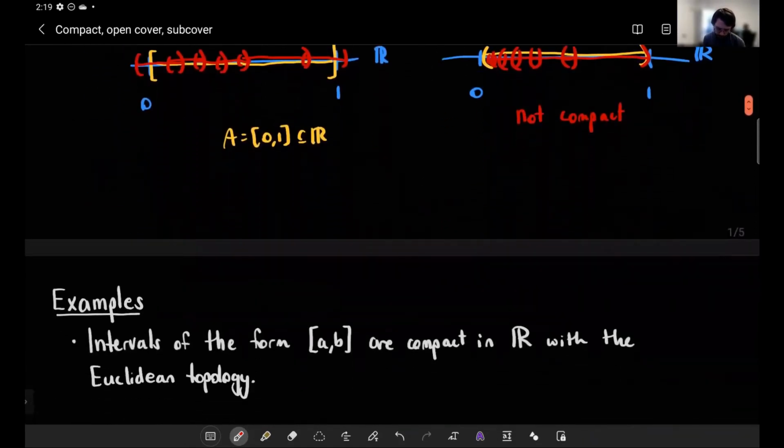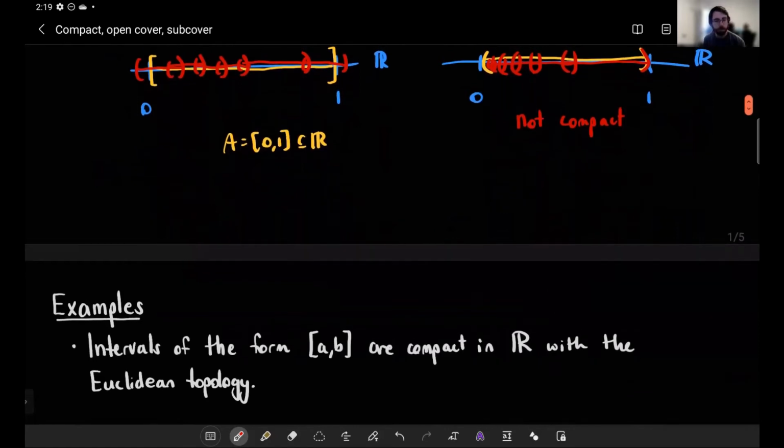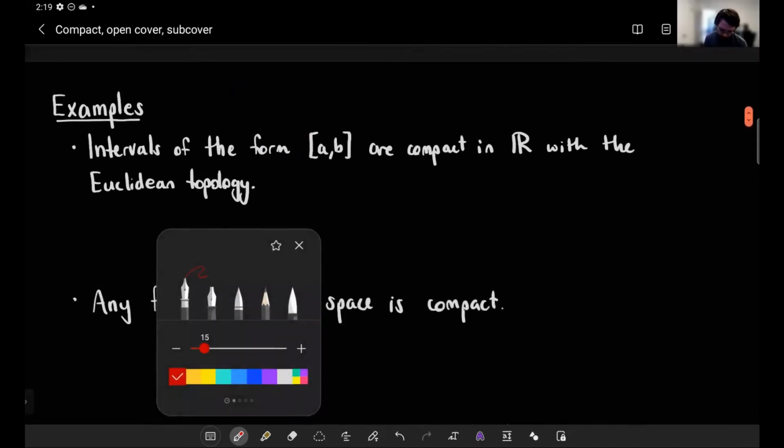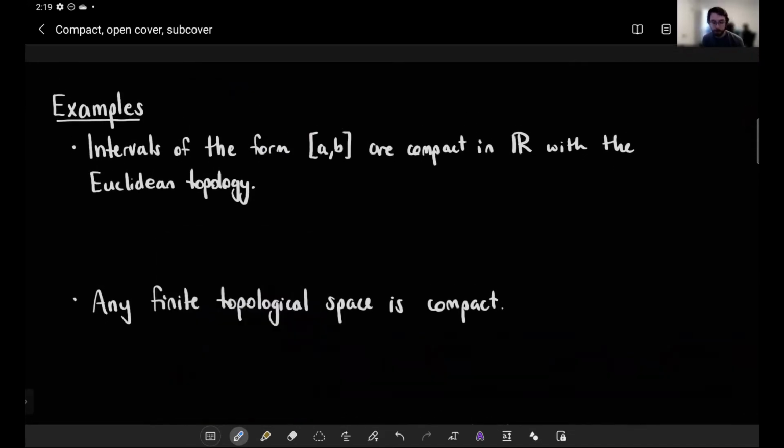All right, so I have that written here. Intervals of the form a comma b with both endpoints closed are compact in R, if you're endowing it with Euclidean topology. But on top of that, you can imagine taking any topological space composed of a finite number of points. So I just drew some in here. There's 11 points, I think.